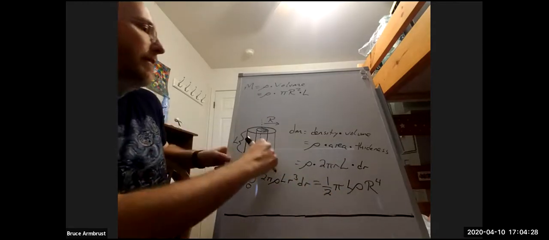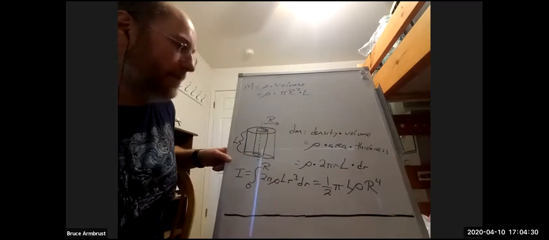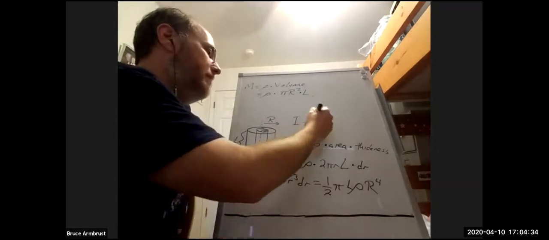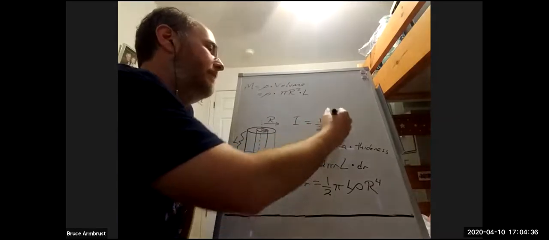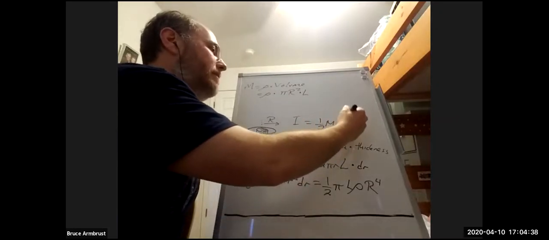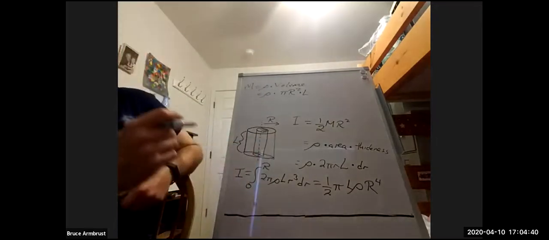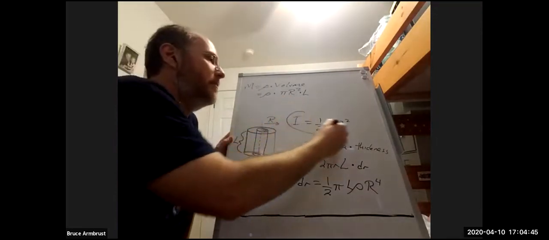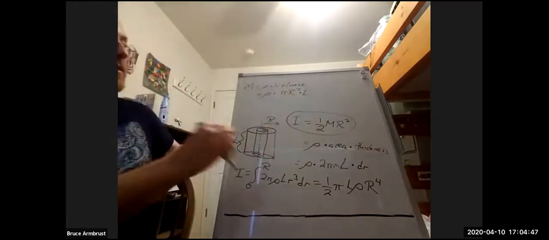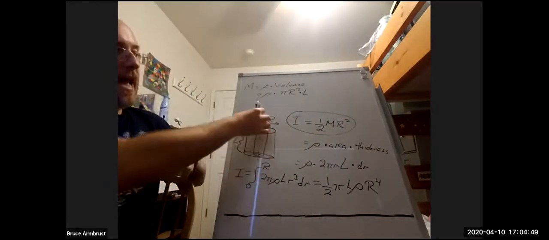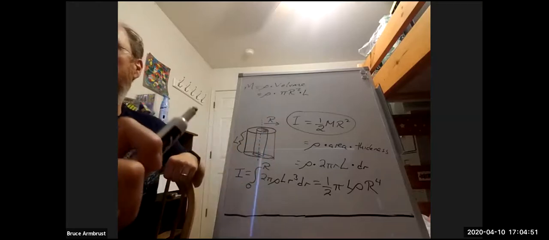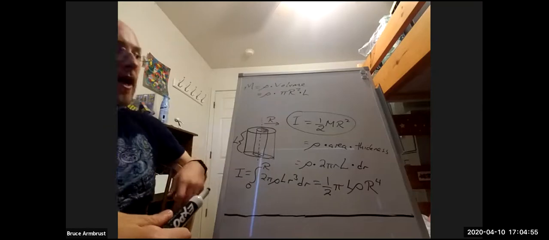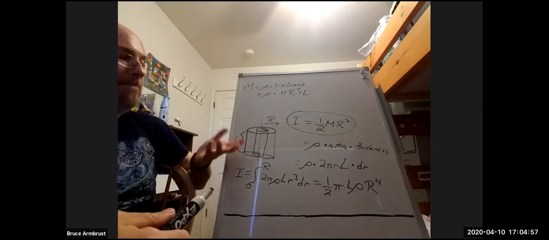And so what we find out for this cylinder is that its moment of inertia is equal to 1/2 mr squared. So we just calculated the moment of inertia for a cylinder being spun about the axis that goes down through the center. If we change our axis of rotation, we change this I, but this is what it is.